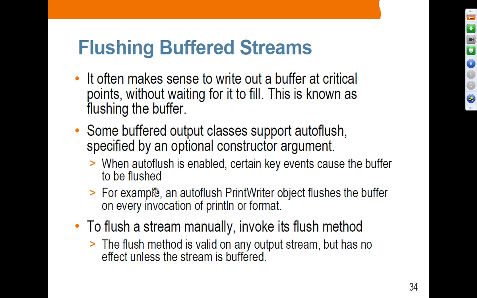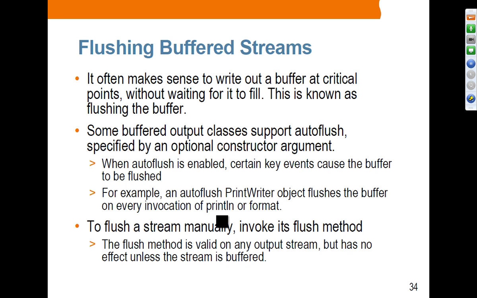Now, some buffered output streams support auto flush, specified by an optional constructor argument. When auto flush is enabled, certain key events will cause the buffer to be flushed. An example of that is that a PrintWriter object will flush the buffer on every invocation of the println or format methods.